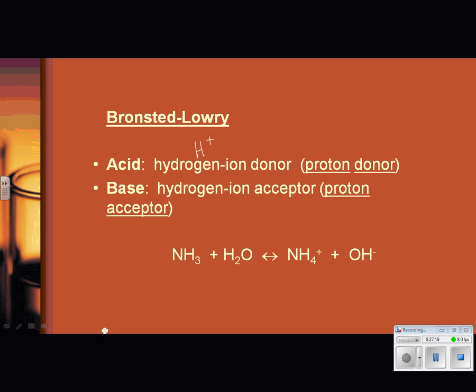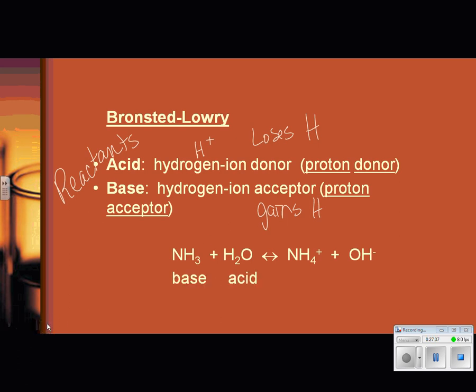So the acid loses a hydrogen where the base gains a hydrogen. And remember, these are always going to be reactants. So we would classify the NH3 as the base and the water as an acid.